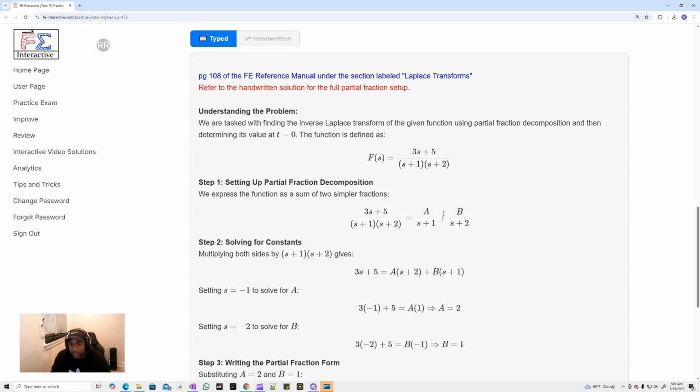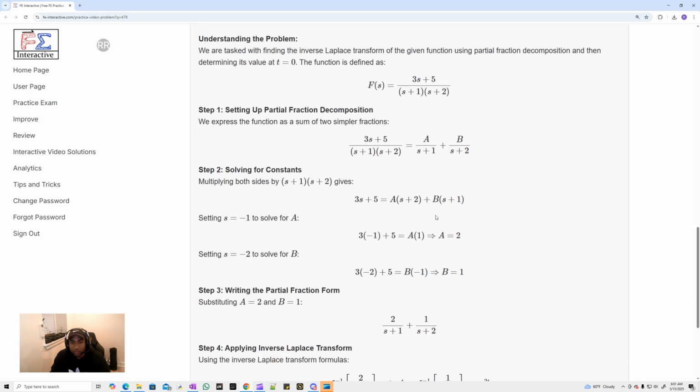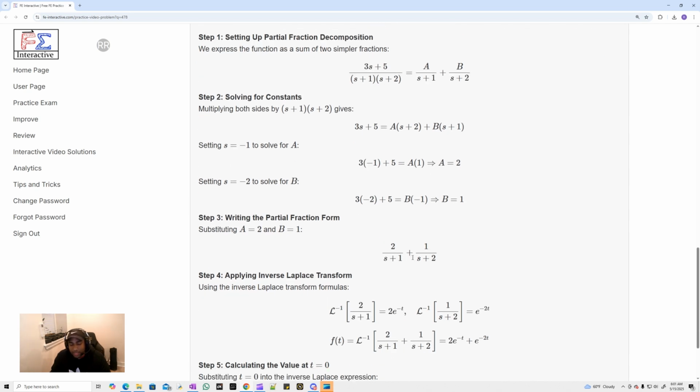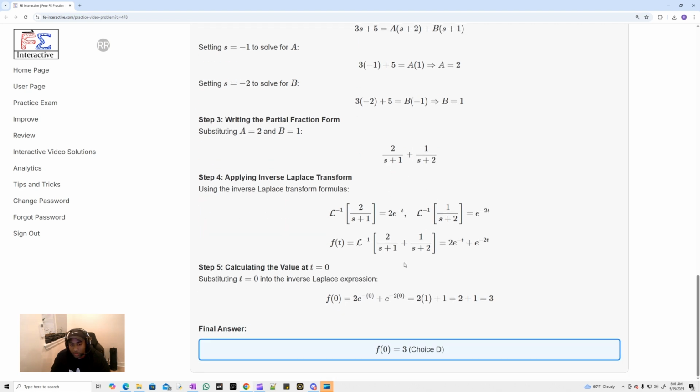We applied the technique of partial fraction decomposition, a technique that expanded the usage of our table and let us use that Laplace transform table. We wrote it down as two factors like this. We found A and B. So we had the frequency domain function that we took its inverse Laplace of. And after we took its inverse Laplace, we had the time domain function that we evaluated at time t equal to 0 to get 3.